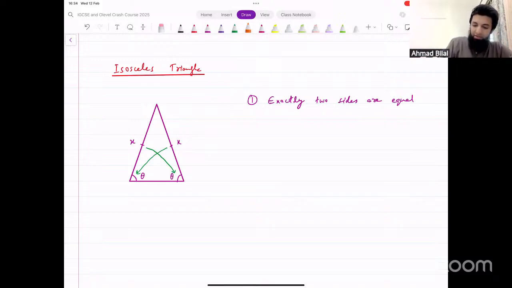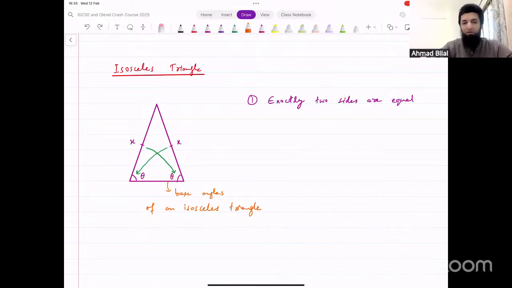These angles are called base angles, the base angles of an isosceles triangle. Which angles? The angles that are equal, opposite the sides that are equal. The side that is not the same as the other two sides, generally we consider this the base of the triangle.